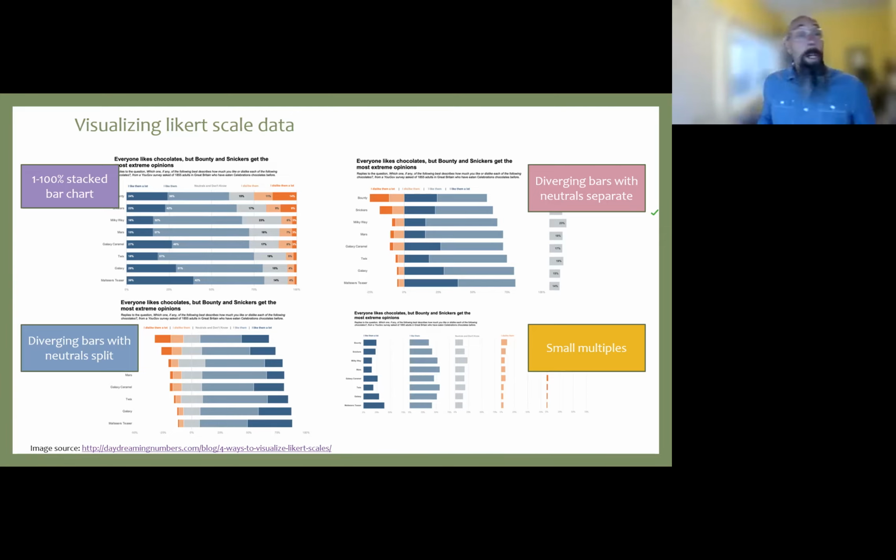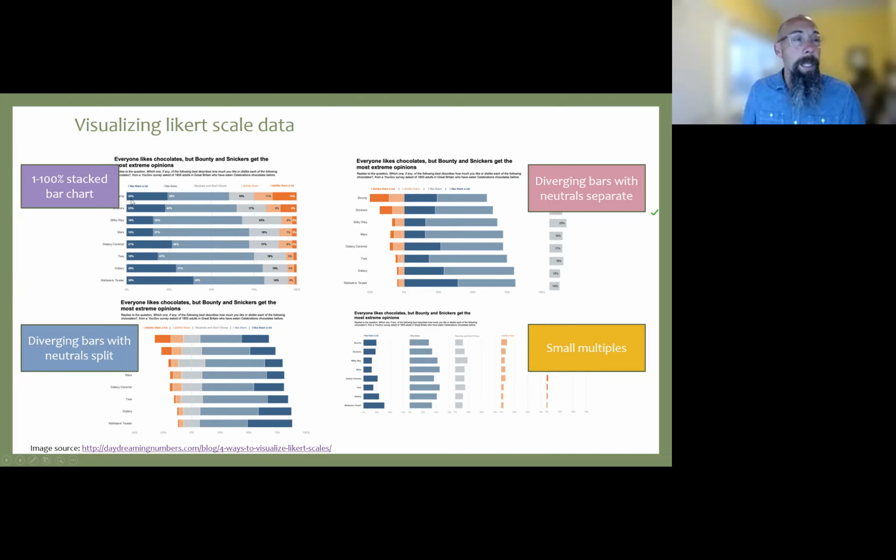So one option is you can do stacked bar charts. Now, somebody said earlier, it's controversial, but I really like stacked bar charts. Now, when stacked bar charts don't sum to 100, they can be challenging because it's hard to compare the middle values of the stack. But when they sum to 100, the total length of the bar is the same for everybody. What's changing is what the color is of the proportion of the bar.